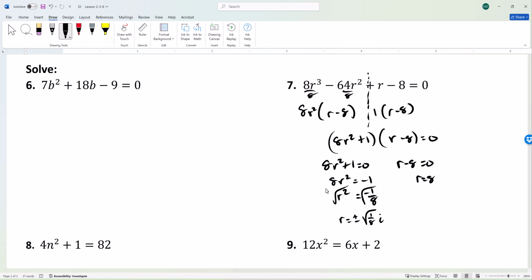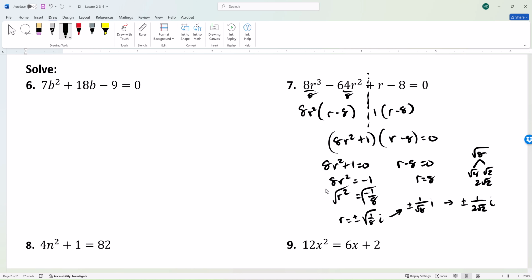Now you can also rationalize the denominator. So I could say plus or minus 1 over root 8, because the square root of 1. Root 8 is root 4 and root 2, so that's 2 root 2. So then I could say plus or minus 1 over 2 root 2 i.